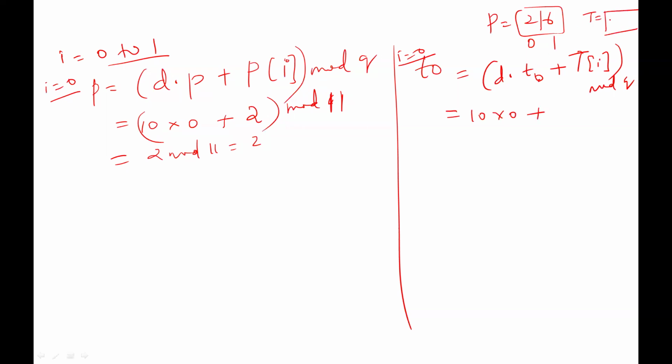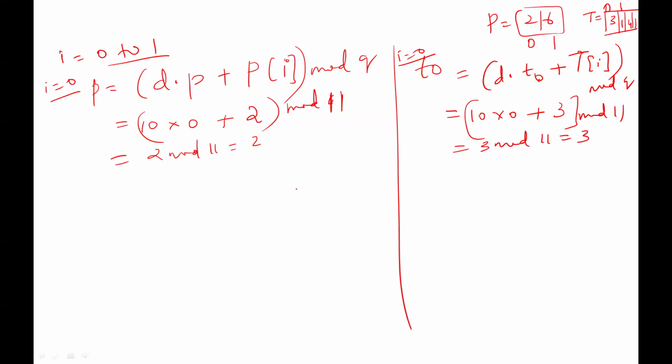This is 3, 1, 4, 1, etc. So the first character is 3, and the second character is 1. So you're going to look at 31 only. We are finding out the hash of 26 and we are finding out the hash of 31. So plus 3 mod 11. Now it becomes 3 mod 11. 3 mod 11 is equal to 3.